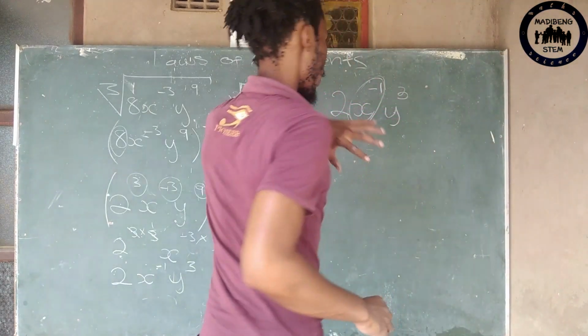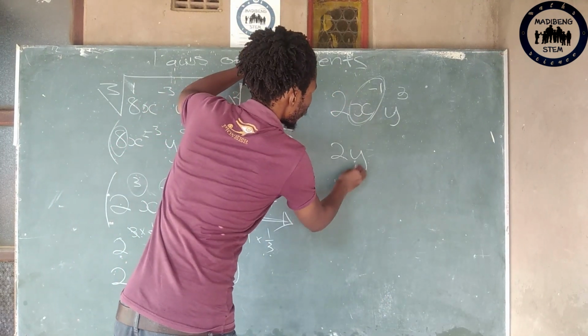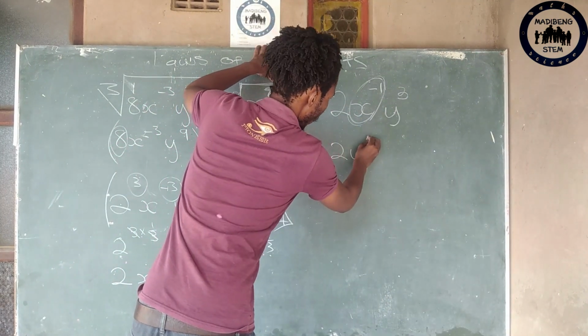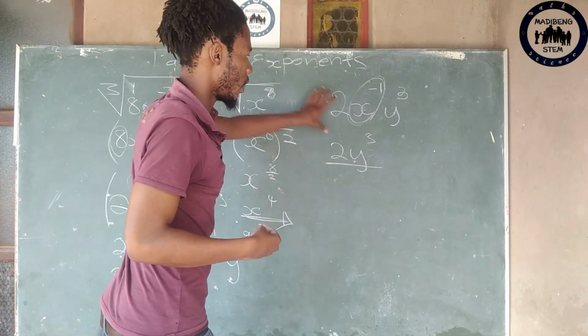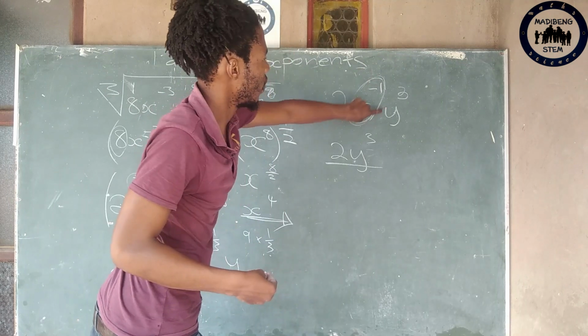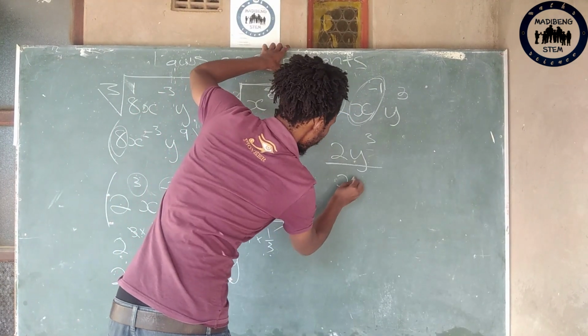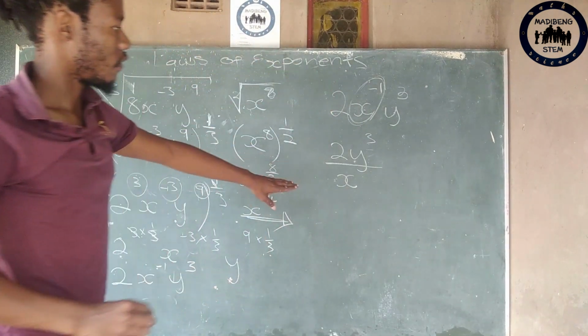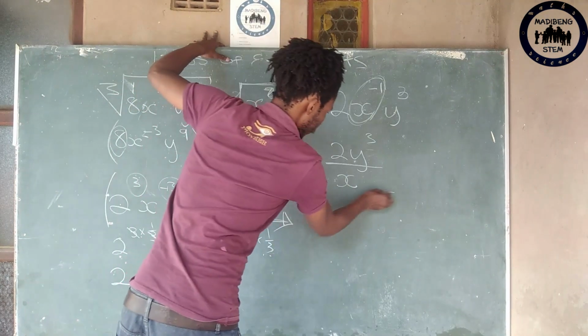So in our numerator side, we will be left only with 2 times y to the power 3. Then we take this one underneath so that it can change the negative exponent to be positive. So it's 2y to the exponent 3 divided by x. So this is our answer.